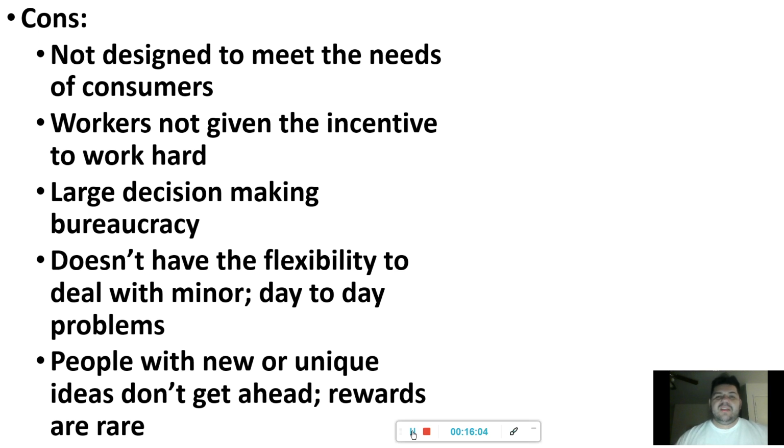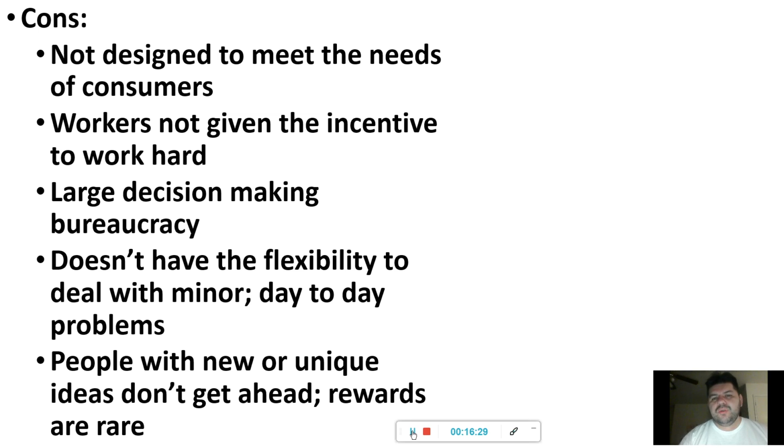But that's the thing. These guys like to control everything, but the small, tiny things that need attention by the lower people who are there at that time, they can't make those decisions. That has to come up from the top, and the top doesn't have time to look at the minor things. They're just looking at the big picture.